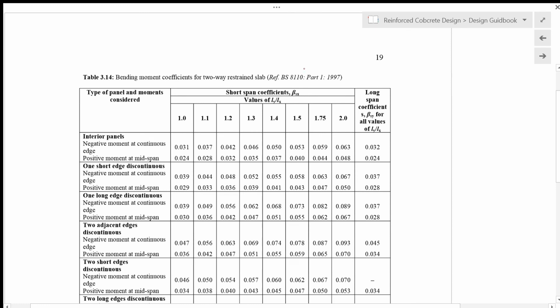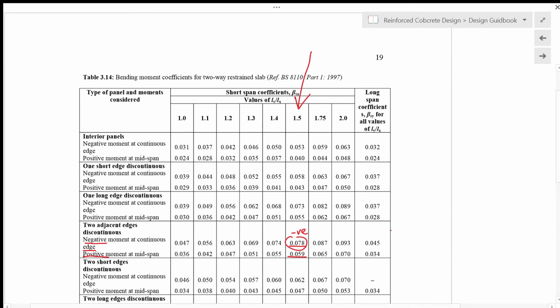So now we look at this column here, 1.5. The negative moment at the continuous edge, the beta Sx coefficient, is 0.078, and the positive moment at the midspan is 0.059. For this one we put a negative sign because it's a negative moment.